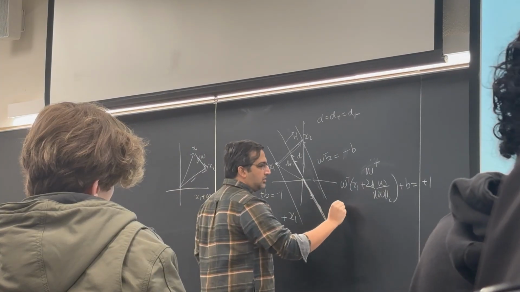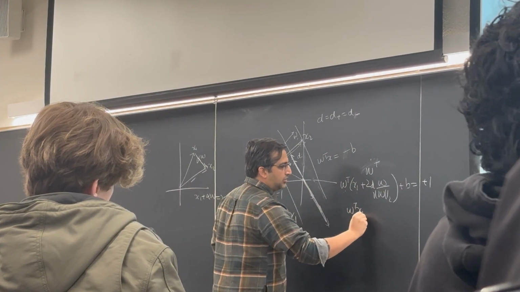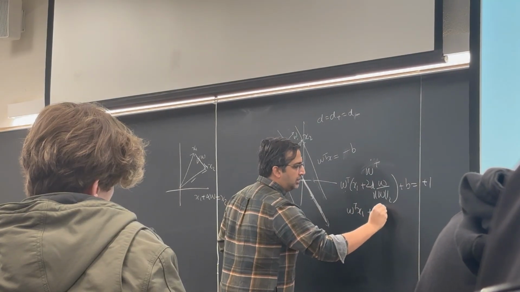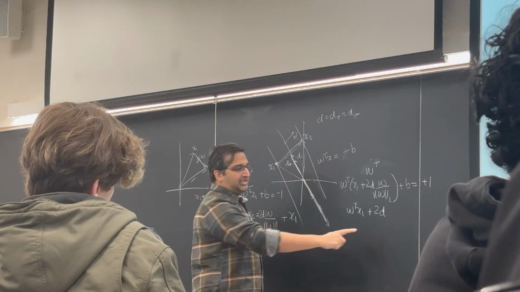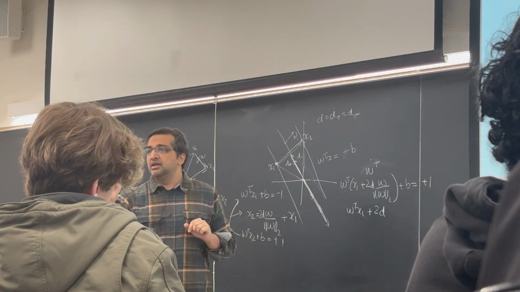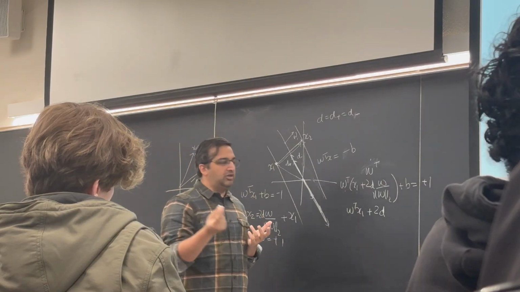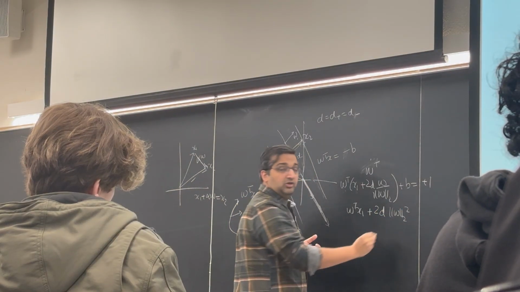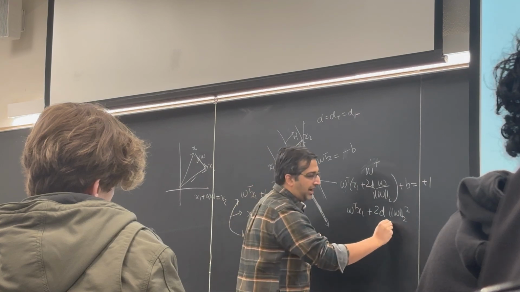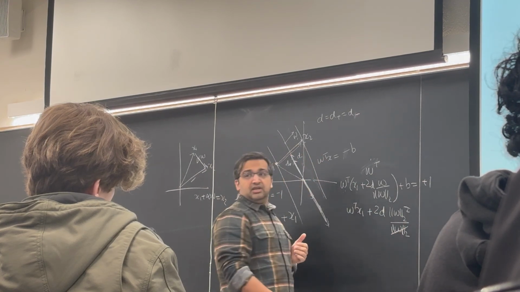Okay, so now let's try to take this in. So we'll get W transpose x1 plus 2D. What is W transpose into W? D is a scalar, yes. It would be the norm square. W transpose W is basically the norm square of W, right? Divided by the norm of W. So this thing goes away, right?